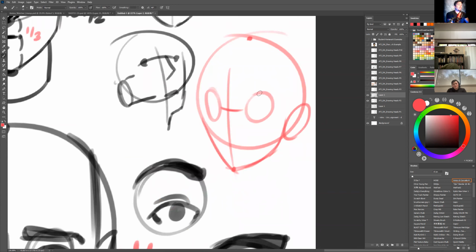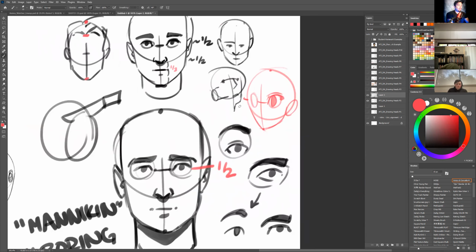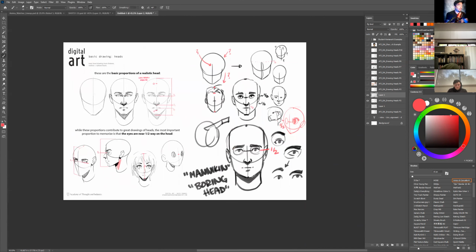And of course, one of the main differences is they just are bigger, right? There's more scale, as we talked about last week. So eyes halfway, great rule. If anything today, there's a lot of stuff we want to talk about, but if there's anything today you want to take away, it'd be that. Put those eyes halfway, or at least start them halfway, and then play with it from there.